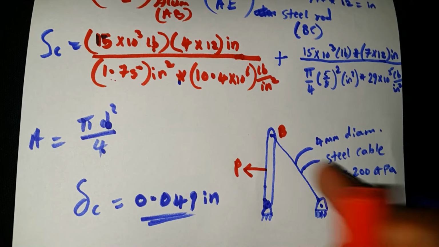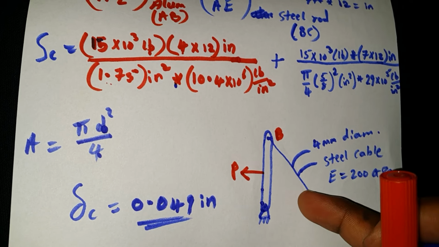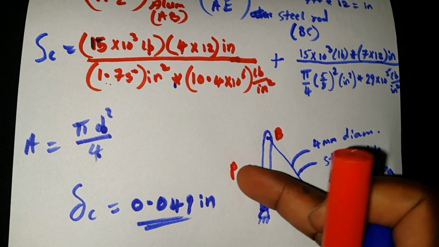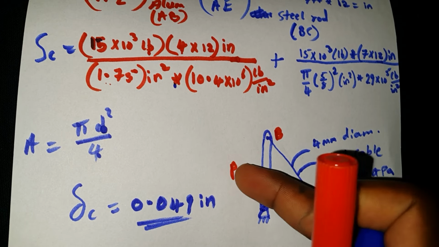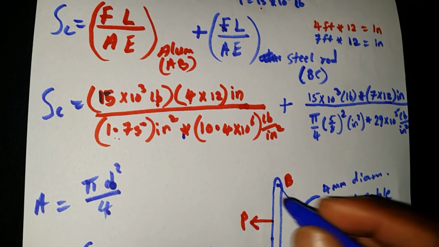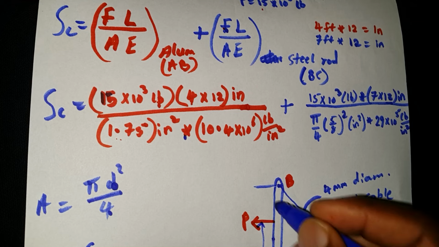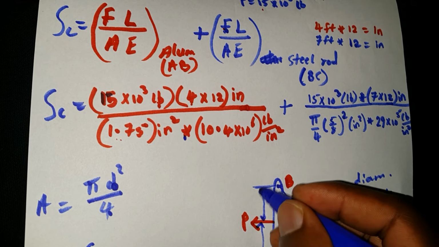But here now we are looking for the elongation of the cable, and the force is applied not on the cable but somewhere else. So you try to solve this. In the next video I will talk a little more on it.